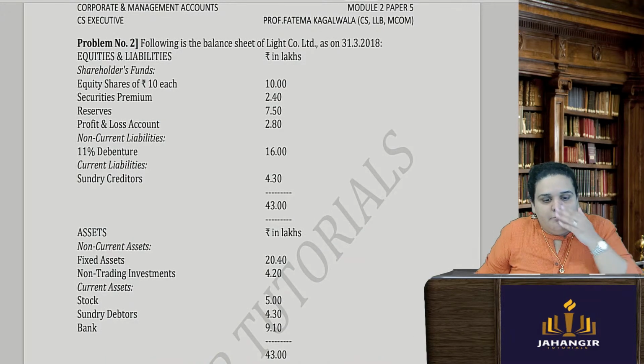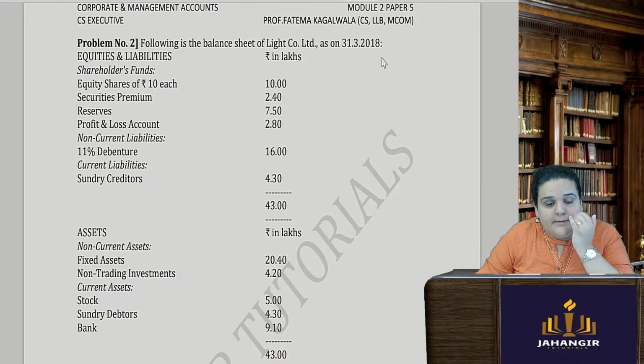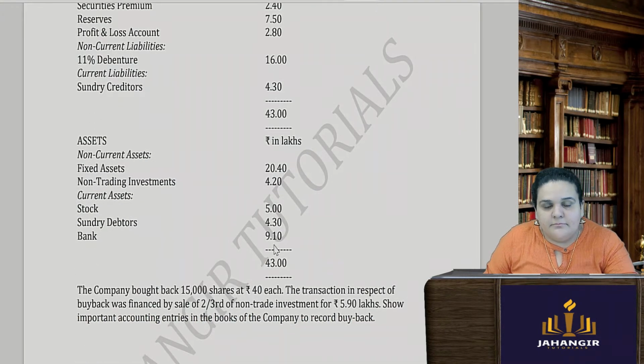Let us practice one more sum. Following is the balance sheet of Light Company Limited as on 31st of March 2018. Shareholders' funds: equity shares of 10 rupees each, 10 lakhs; securities premium 2 lakh 40; reserve 7 lakh 50; profit and loss account 2 lakh 80. We have 11% debentures and creditors, and then we have some current assets.